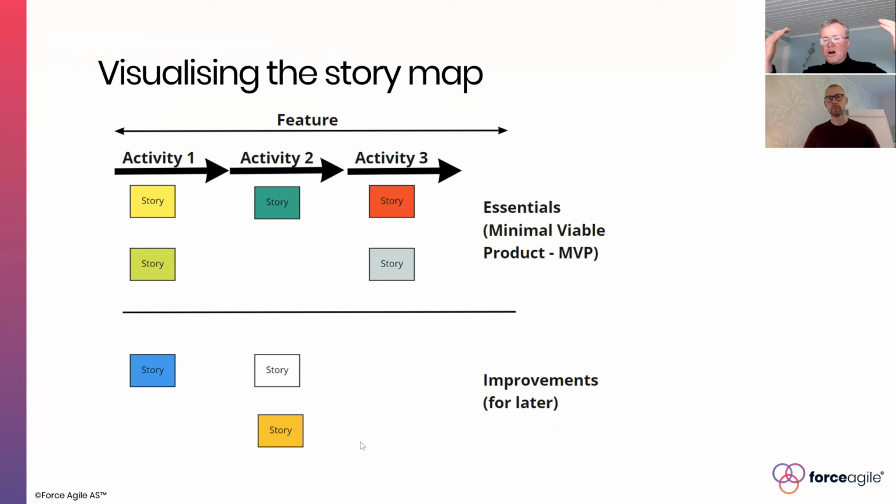What is the customer asking for now? And what can wait? How do we plan for that in a structured way by prioritizing the features and prioritizing the stories within the features? And in the next episodes, we are going to talk a little bit about backlogs and prioritization techniques and so on.